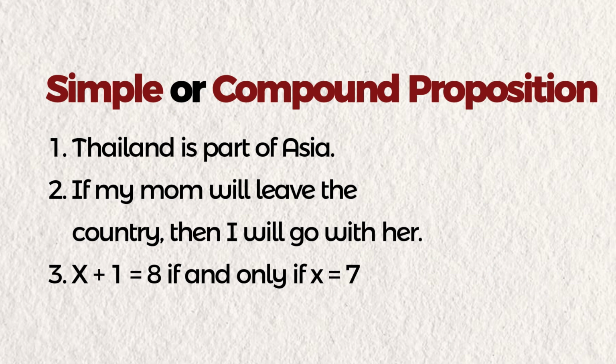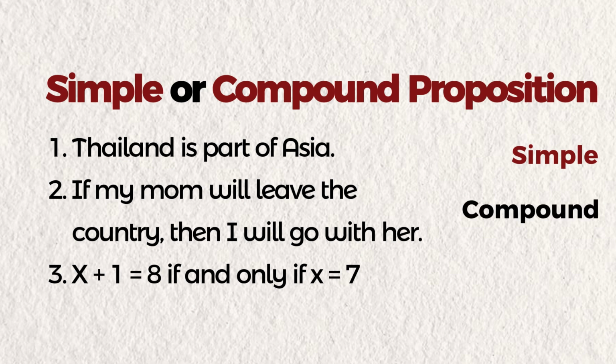Let us determine if the following are simple or compound propositions. Number 1. Thailand is a part of Asia. Is it simple or compound? Yes, it is simple. Number 2. If my mom will leave the country, then I will go with her.